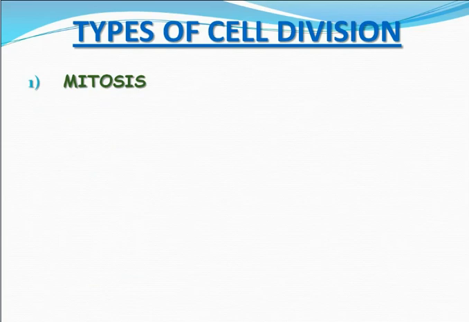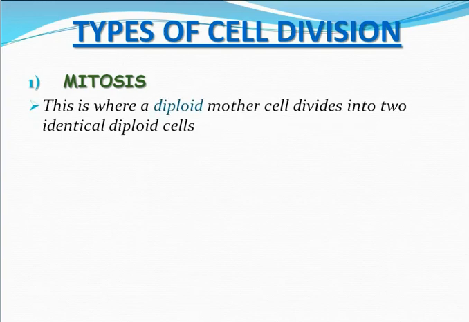When a cell is dividing, it may divide and form two daughter cells or four daughter cells. If it forms two daughter cells, the type of cell division is called mitosis.